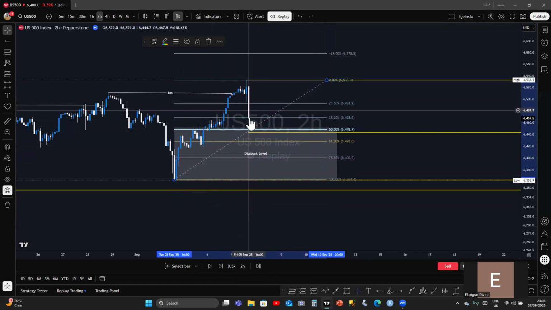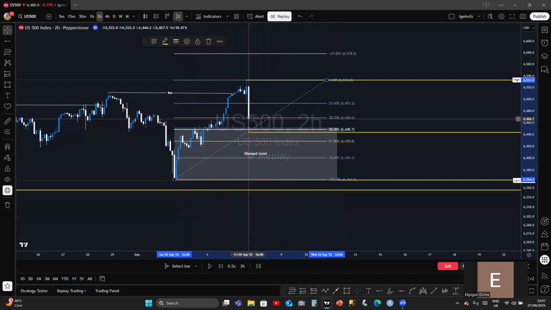So as it's coming down, you wait. And before the retracement ends, if it is a deep retracement, it should test 50% or the golden ratio, which is 61.80%.